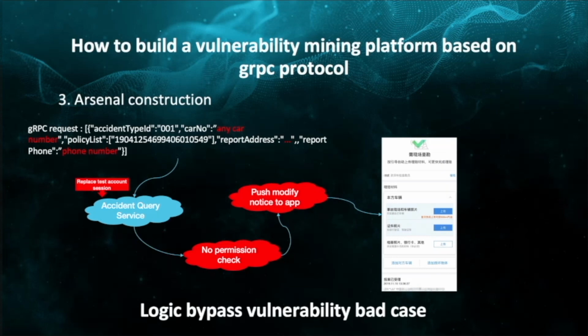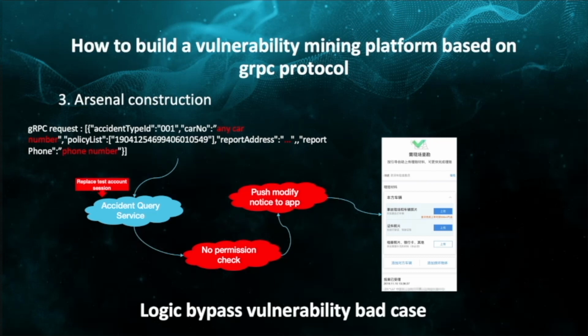We will look at a better case for a logic bypass vulnerability. This is a real case. As an example below, in this request, we can see that the gRPC server allowed accepting any license plate number and phone number, so that when we fill in the correct data, we can see other people's information and it can be modified.